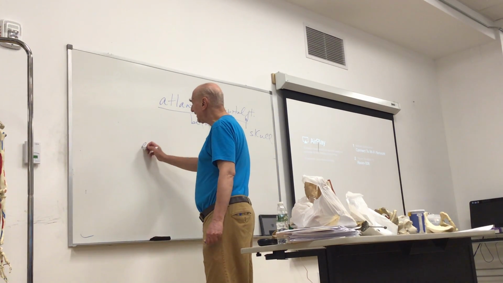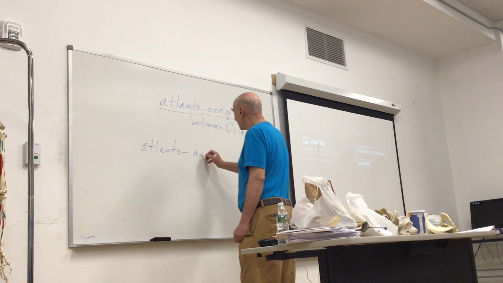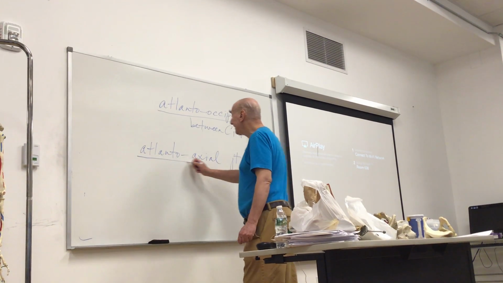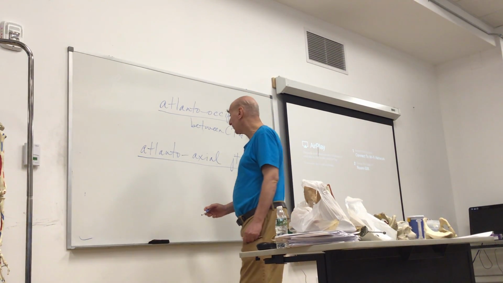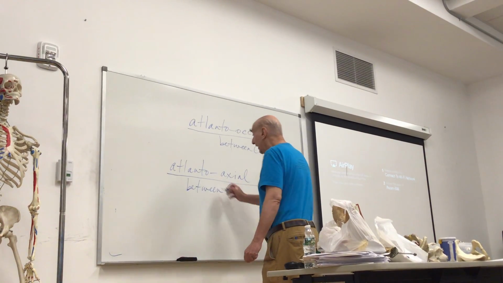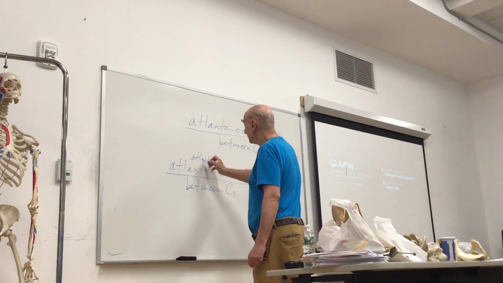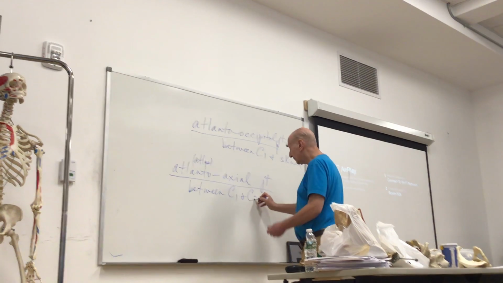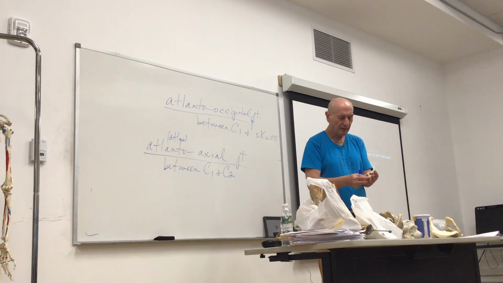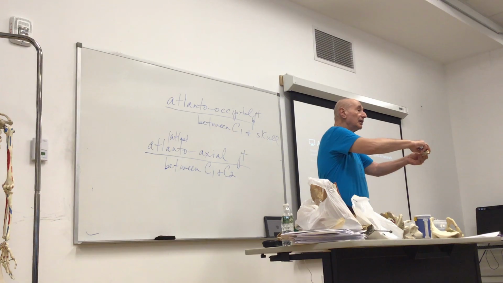But the joint we probably ask more about is the atlanto-axial joint. That's between C1, atlas, and axis, or between C1 and C2. Atlanto means atlas. What type of joint is atlanto-axial?